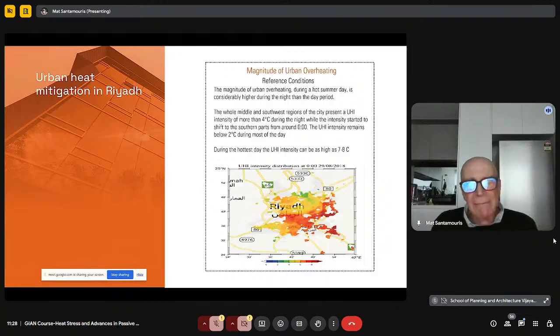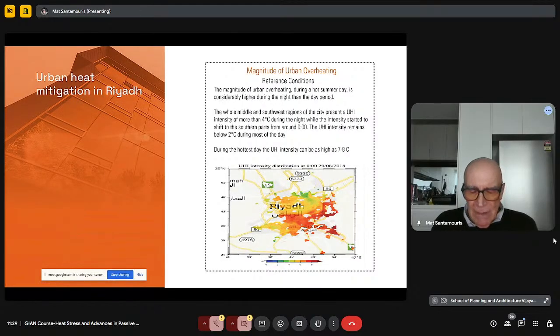So this defines how much radiation is released or emitted by buildings and the ground. And this also defines the radiative losses. So the radiative losses define the temperature difference. And the radiative losses are those that define the temperature distribution in the city.